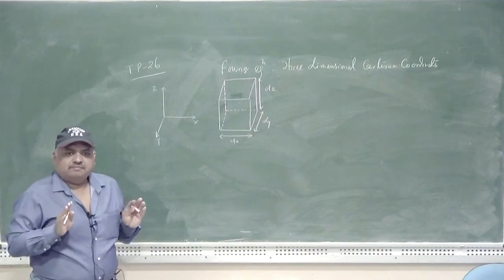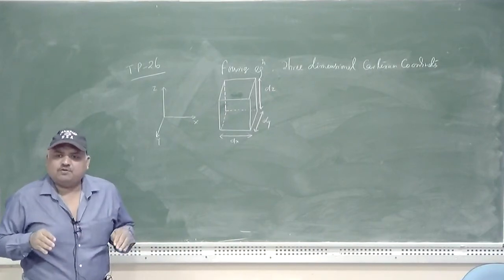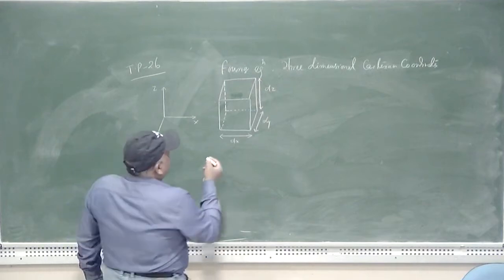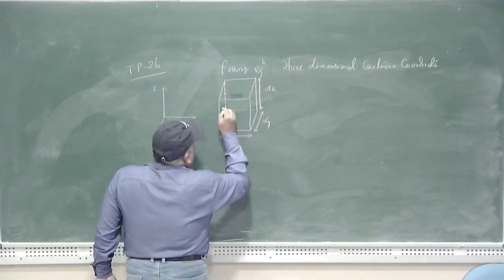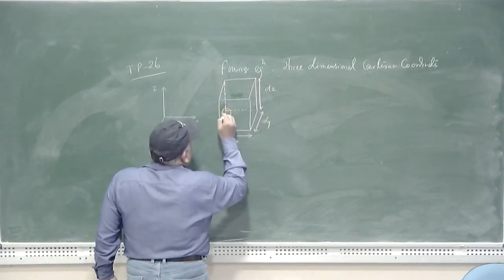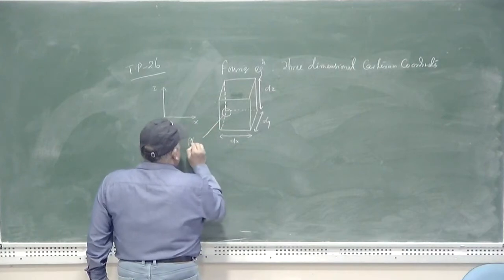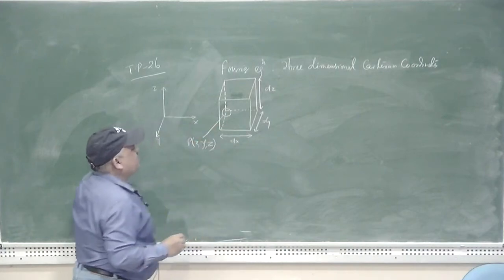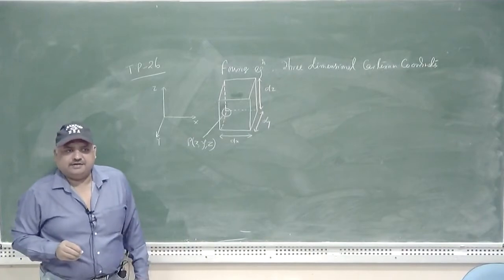This is the parallelepiped on which we will formulate this Fourier equation. Now consider 2 points with respect to this volume element. Let P be a point having coordinates x, y, z.